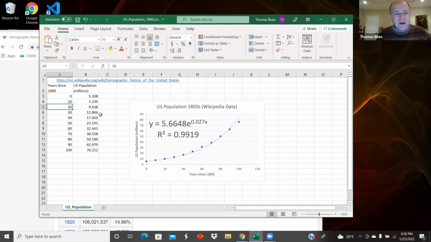Now the way an exponential works is that the doubling should take the same time no matter where we start. So we started here in 1800, but that should be roughly the case no matter what. So here, let's go to the 1840s, and the population was 17.